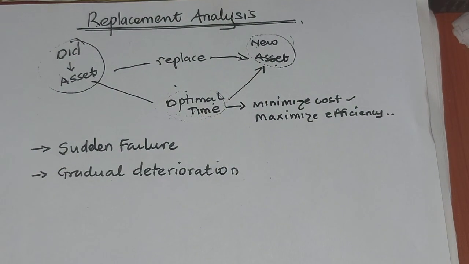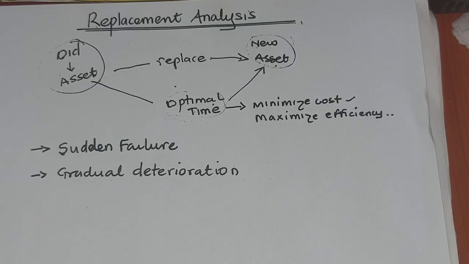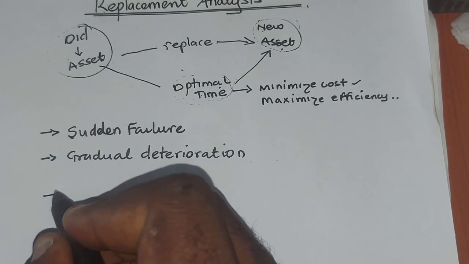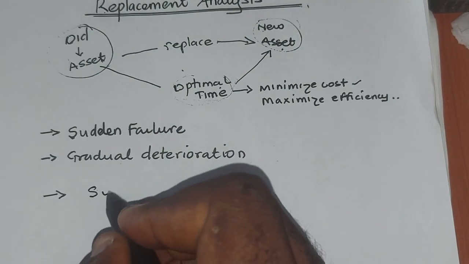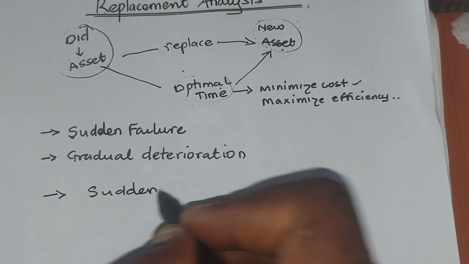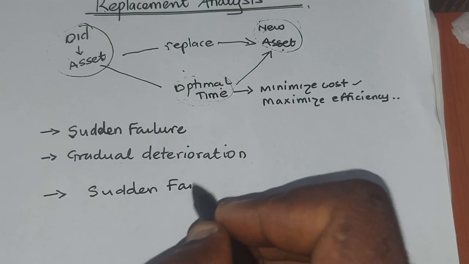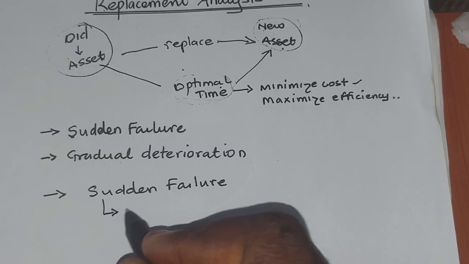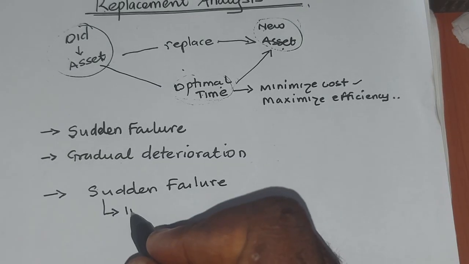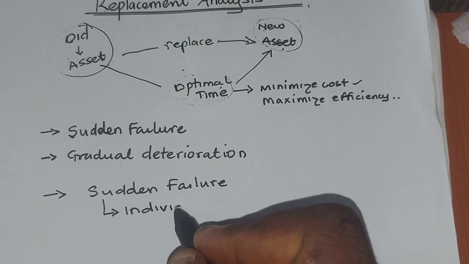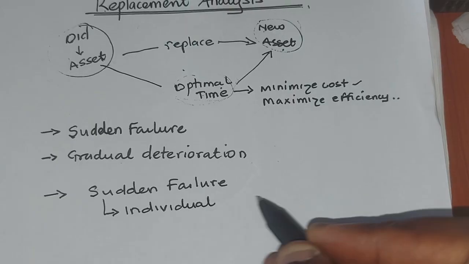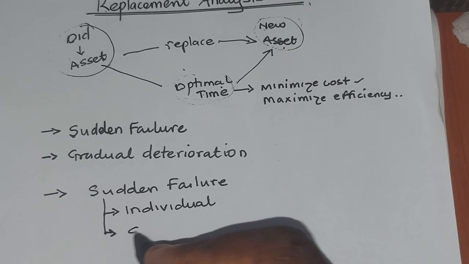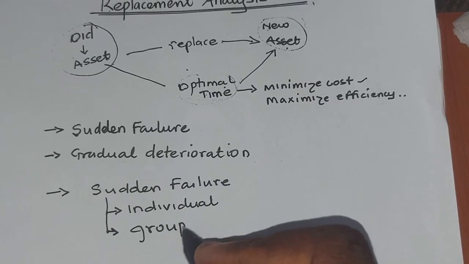So let's look at a question. But before then, let's look at sudden failure. Under sudden failure, we have two replacement policies. Number one is individual replacement, or to replace in group, group replacement policy.